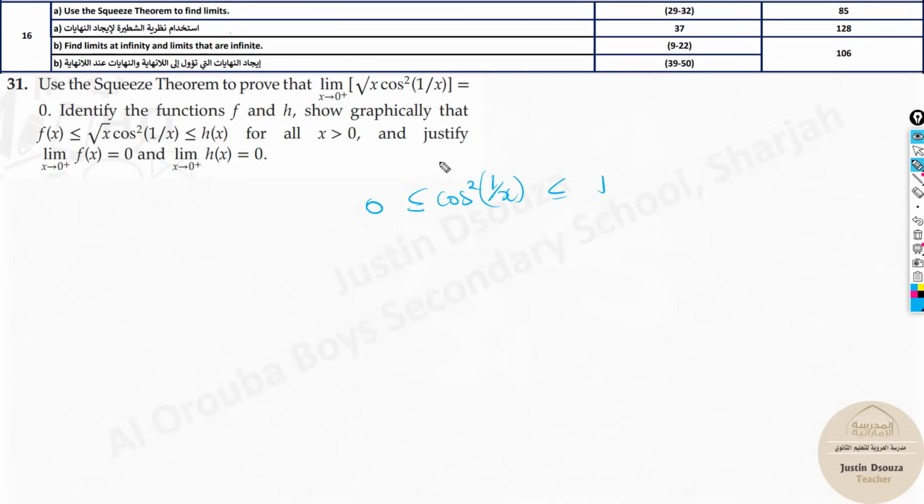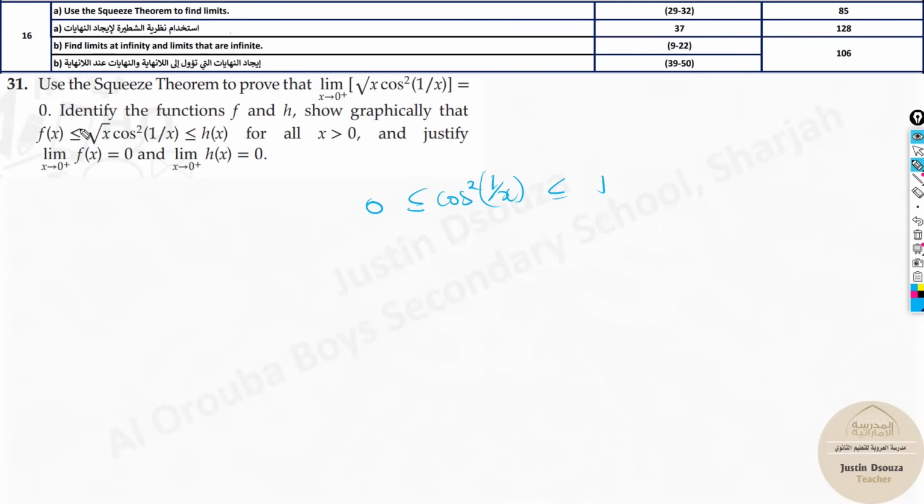So how would you find the range? You can either graph it or you should just remember that whenever it's even powers, this is the range, okay? For cos squared, sine squared, or to the power 4 or any even powers, okay?